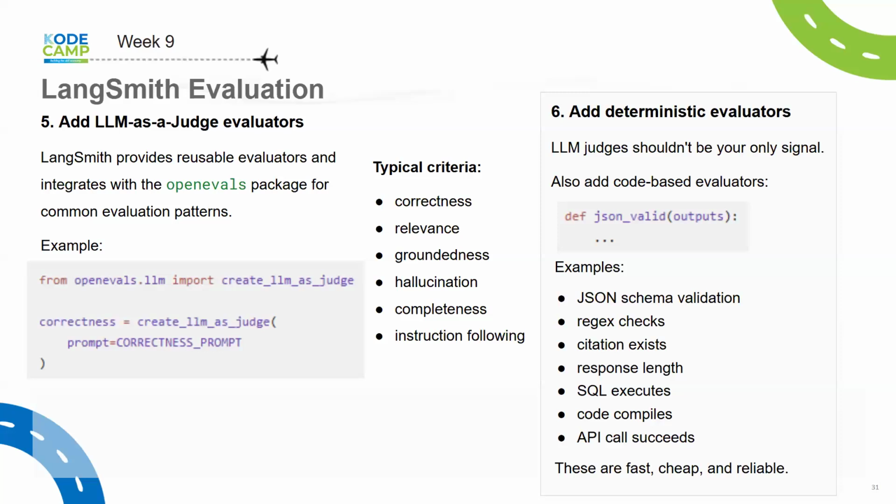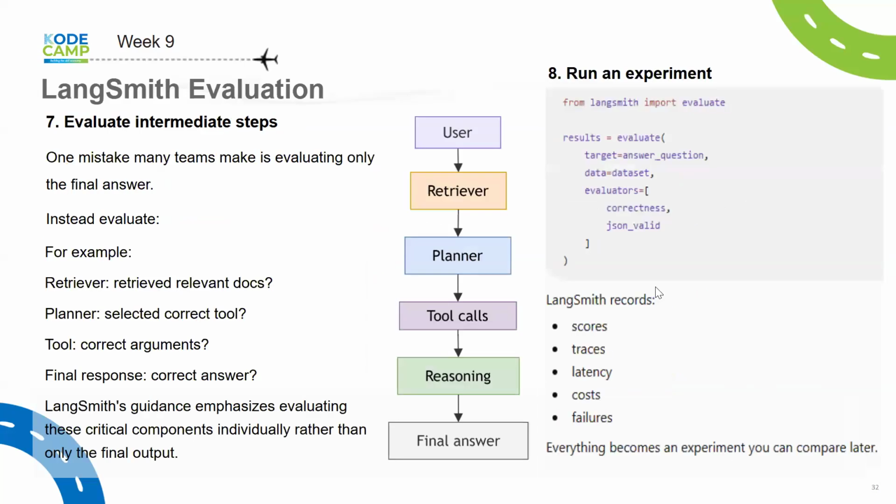Then you check if the code compiles, like I've said already. You check if the API call succeeds. So, of course, that one would be after all the other things have succeeded. Then that will also be something you can check. Okay. So those are deterministic. So you can see that there are two types of evaluators you would have there. You would have LLM as a judge, and then you will have deterministic or rule-based.